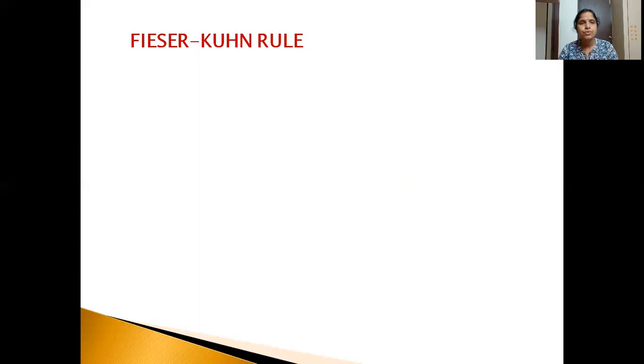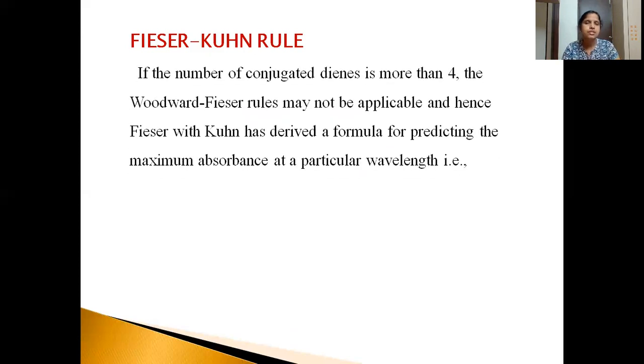For such compounds, we need to follow the Fieser-Kuhn rule. Woodward-Fieser rules are only for conjugated diene and triene systems. If it is a polyene system, another scientist named Kuhn framed some rules, which we call Woodward-Kuhn rules, or Fieser-Kuhn rules.